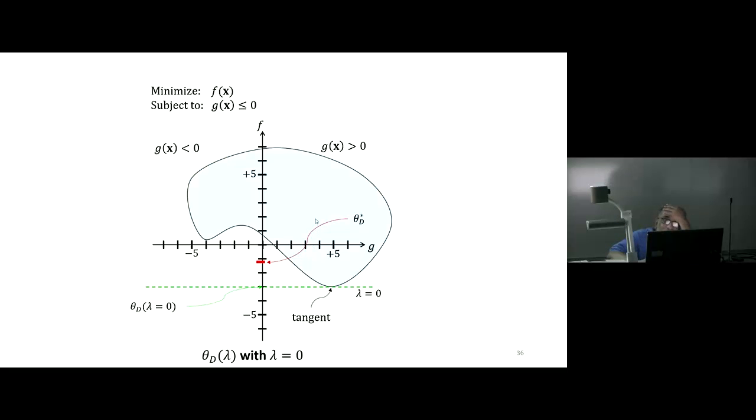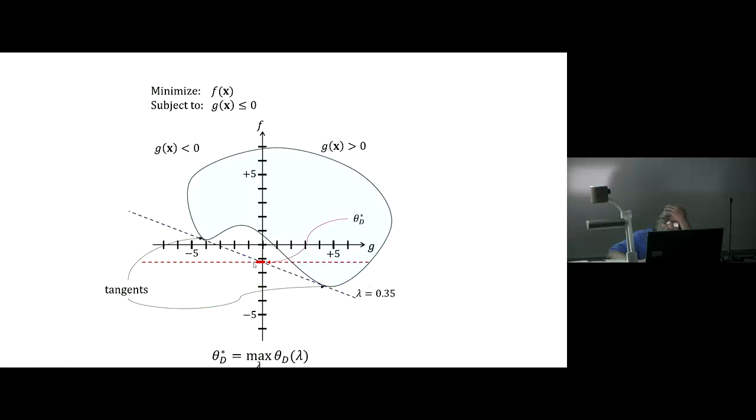So this is my theta d star, the highest possible value of the maximum with respect to lambda of theta d lambda. Are you guys okay with this?